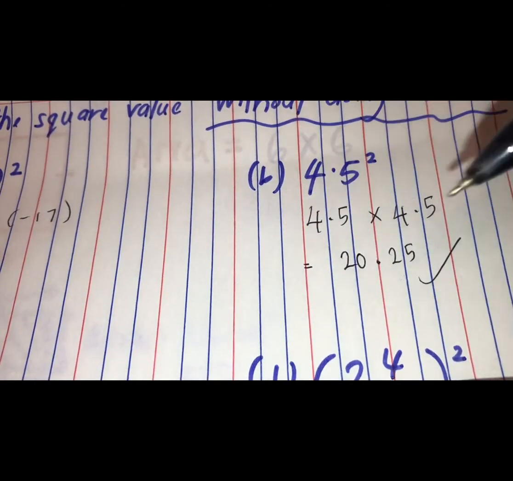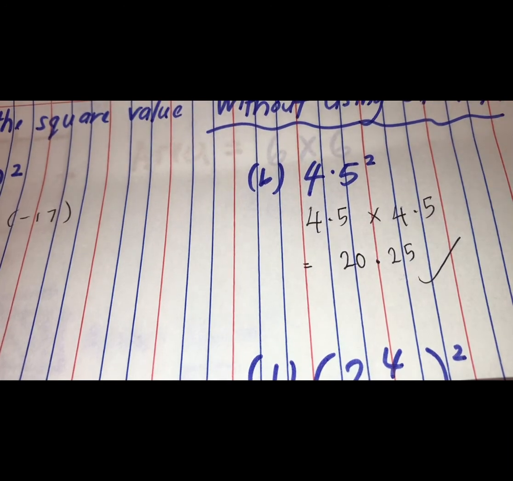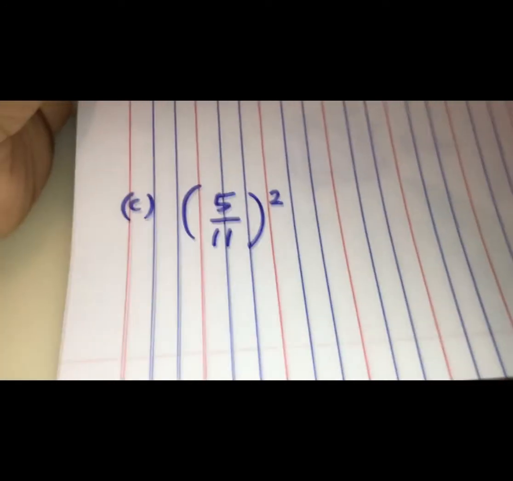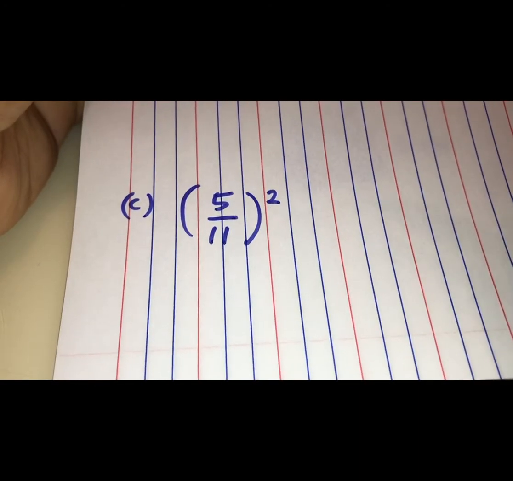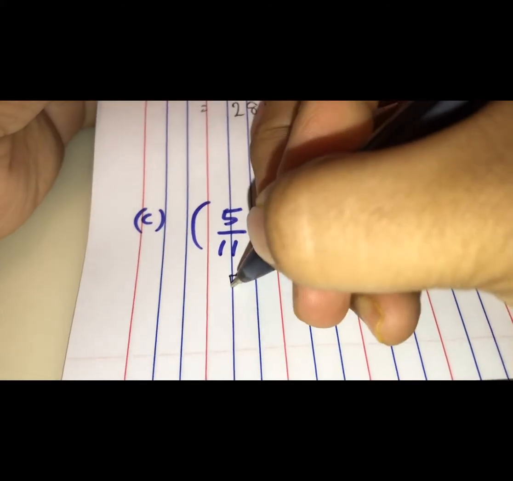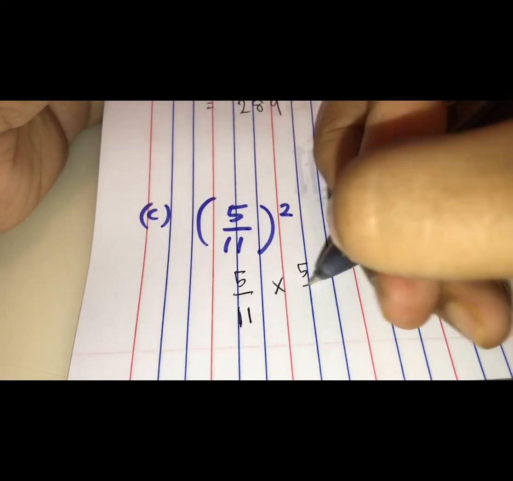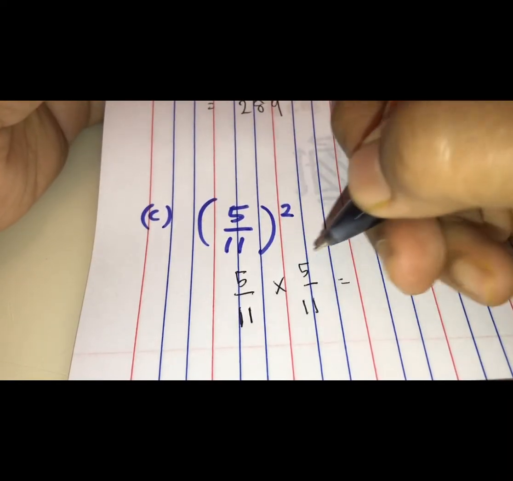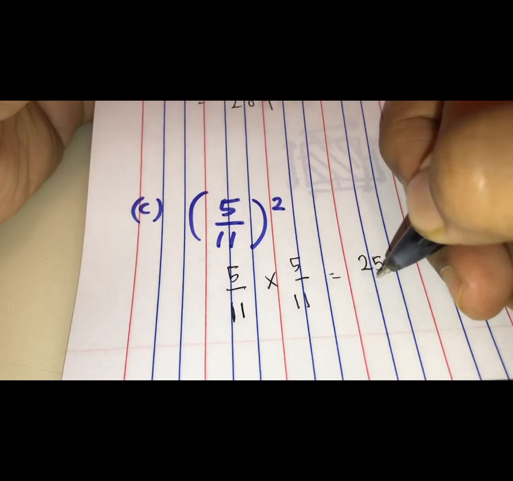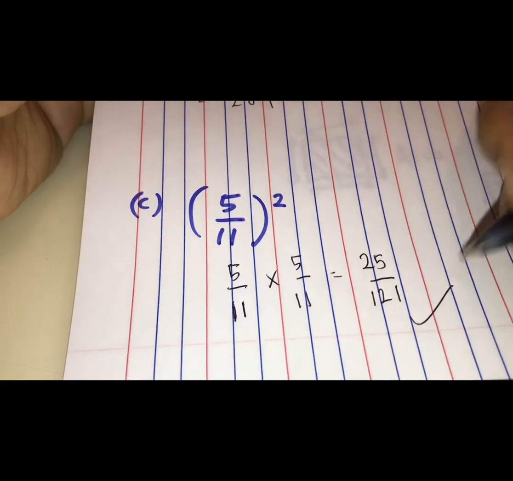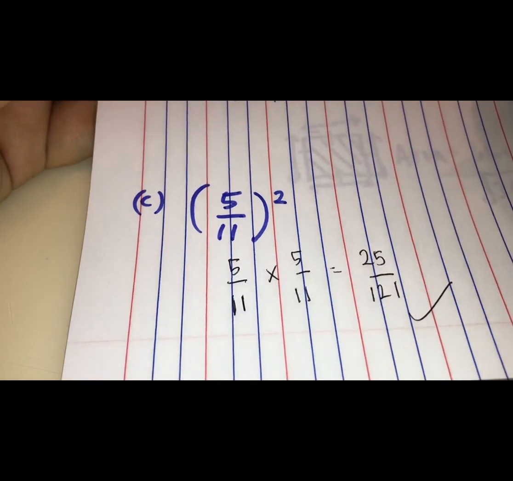If you just write the answer, you will get 0 marks, because you did not write this. And then 5 over 11 square means 5 over 11 times 5 over 11. 5 times 5 you get 25. 11 times 11, 121. This is your answer.